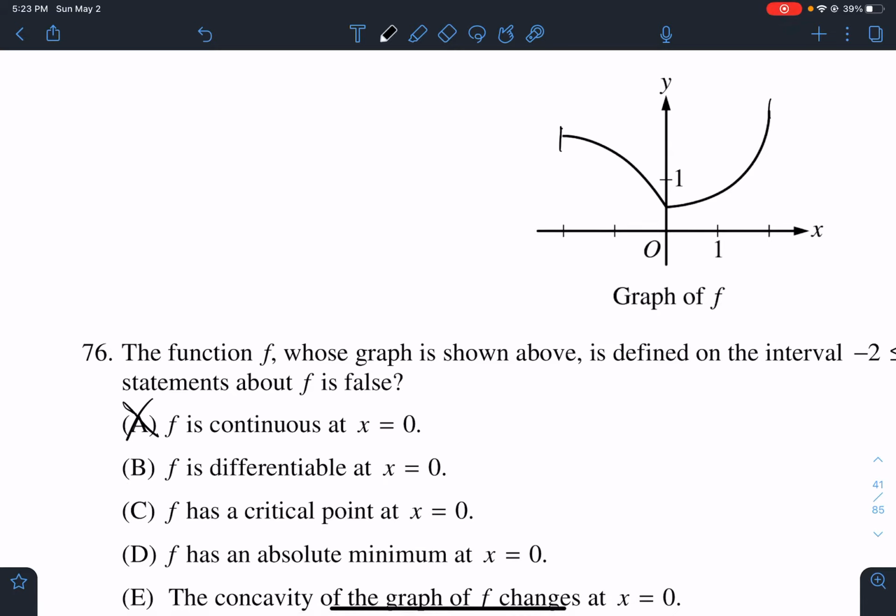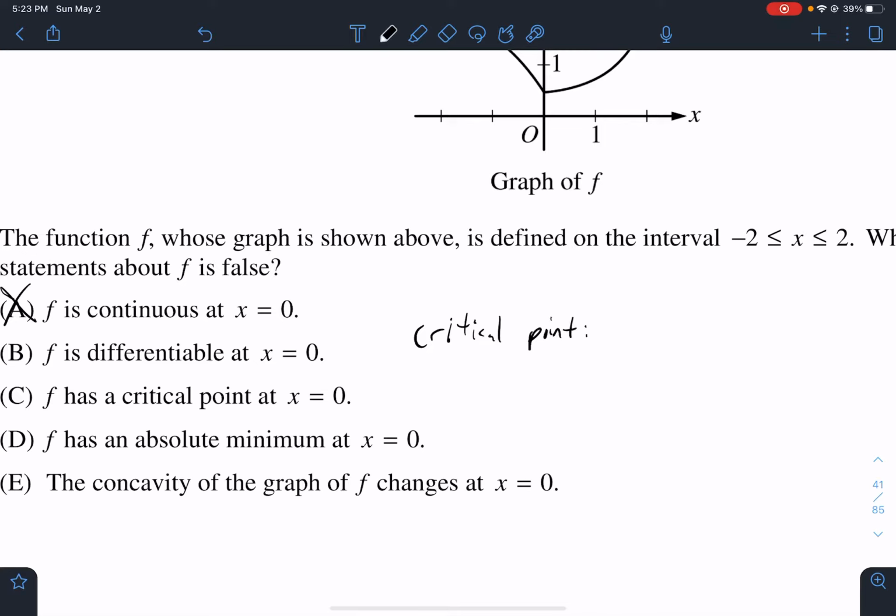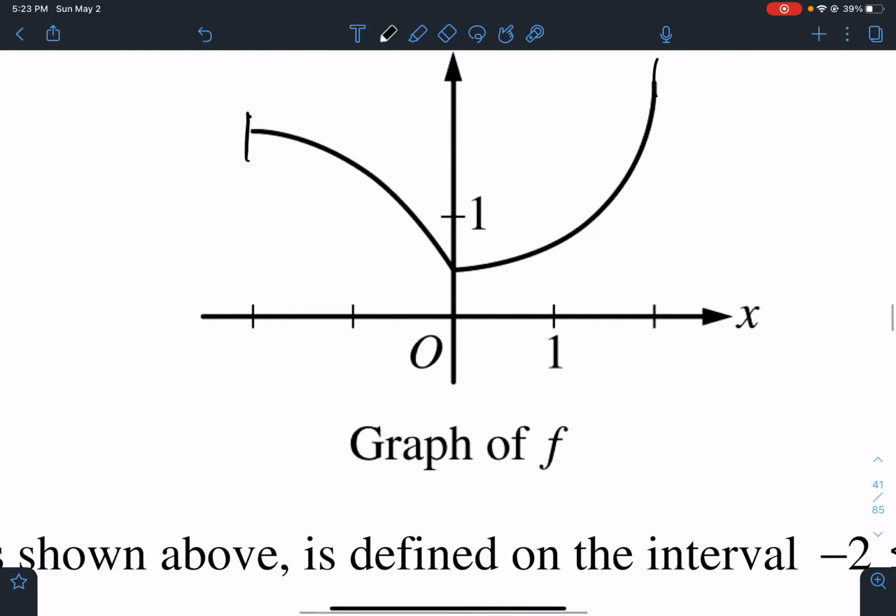As for C, having a critical point at x equals 0, what a critical point means, let me write this down. It means that f prime of x changes sign. Basically, on the left side of x equals 0, we can see that the slope is going downward.